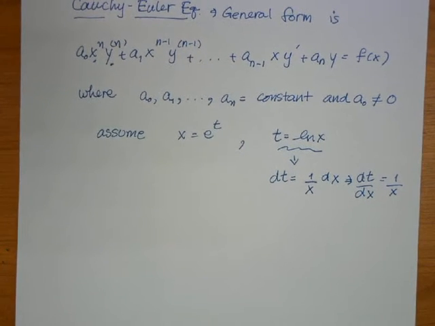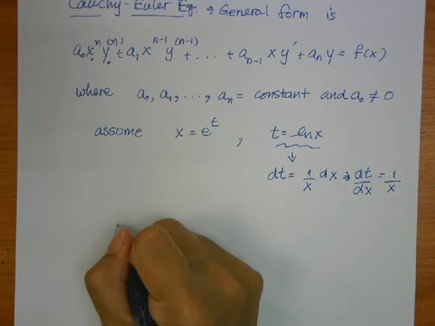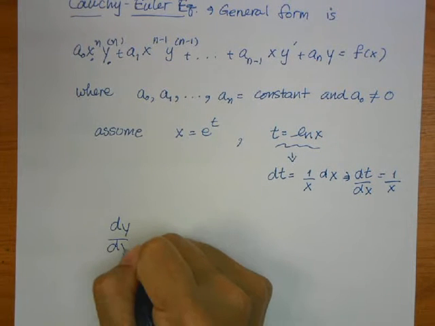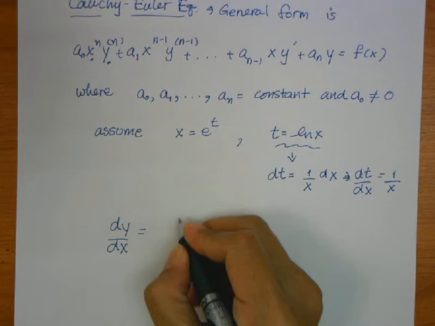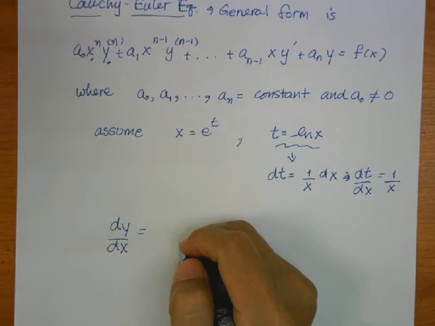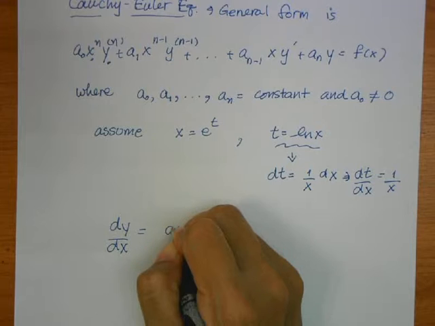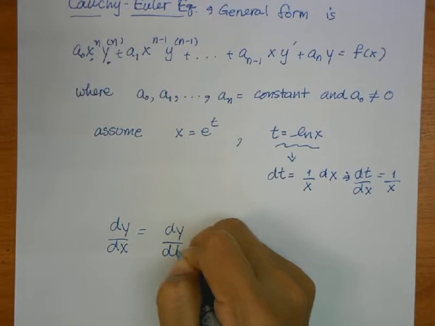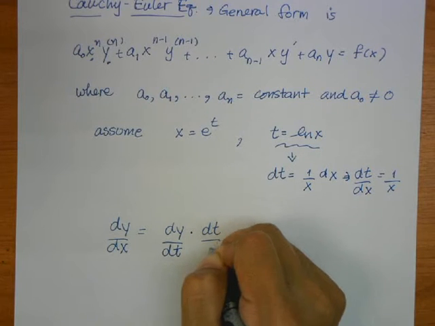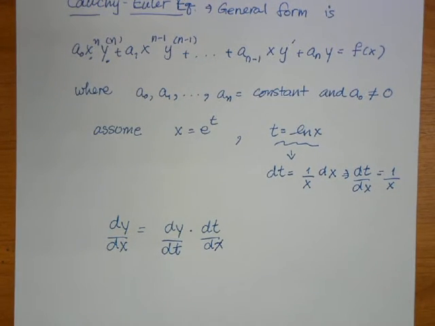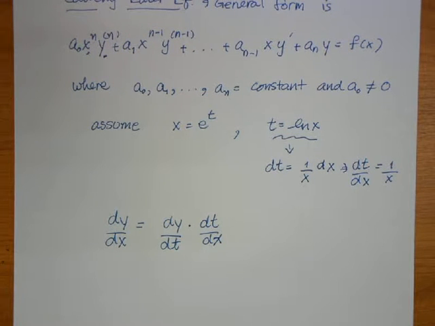Now we are going to take the term dy by dx and make it into dy by dt. For that, we use the chain rule. Everybody knows the chain rule, right? The chain rule says that dy by dx is equal to dy by dt times dt by dt by dx.